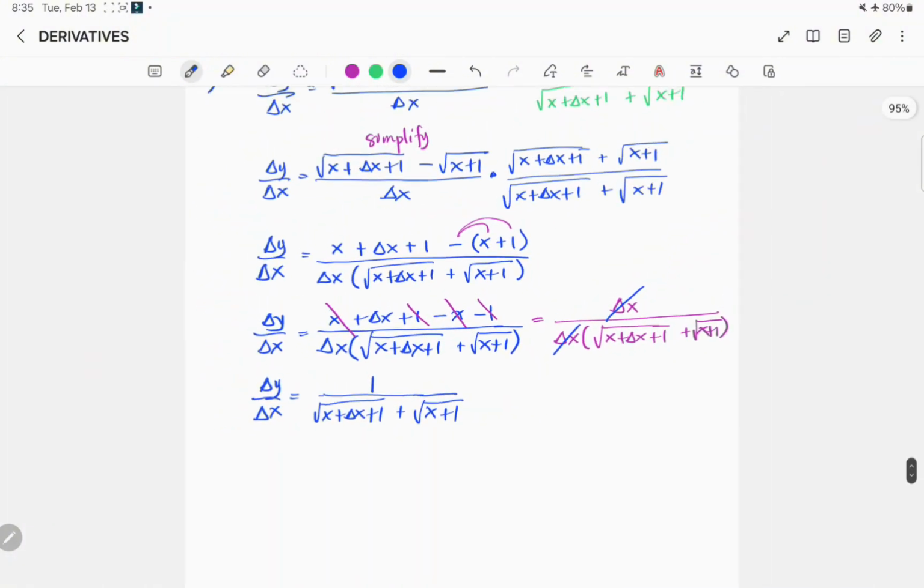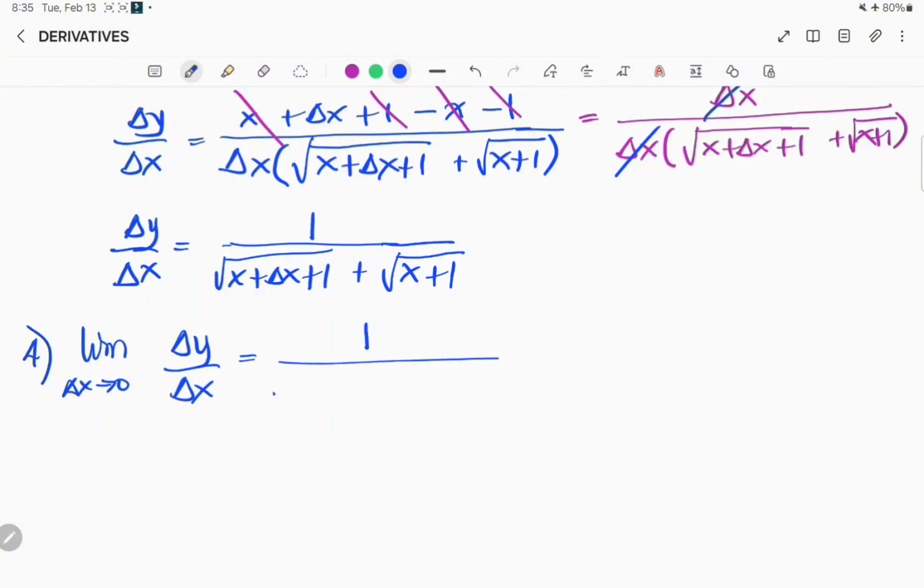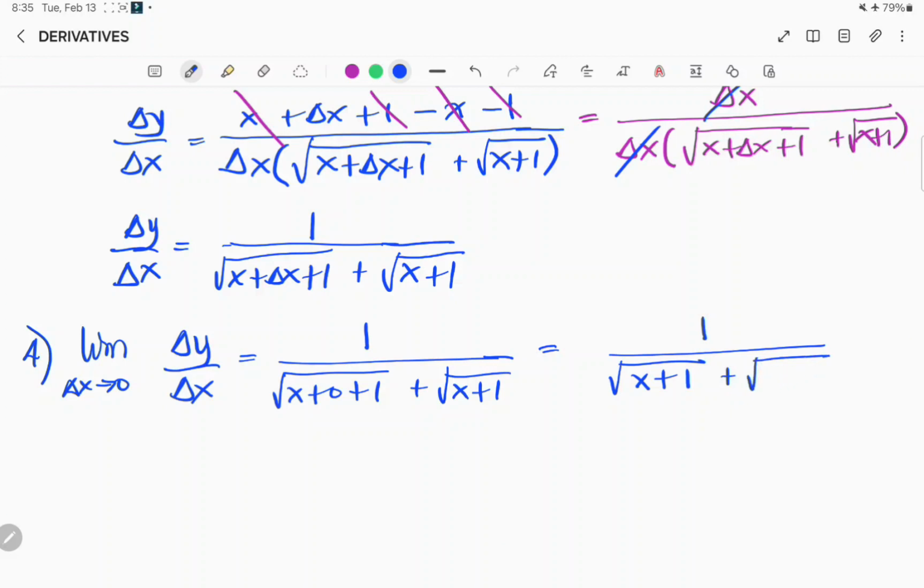We can now move on to the fourth step. We have to take the limit of change of y over change of x as change of x approaches 0. So that is equal to 1 over the square root of x plus 0 plus 1 plus the square root of x plus 1. Then we simplify the denominator. 1 over, the square root of x plus 0 plus 1 is the square root of x plus 1, plus another square root of x plus 1.